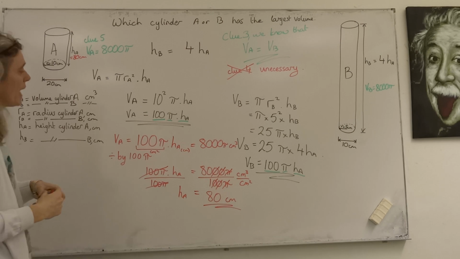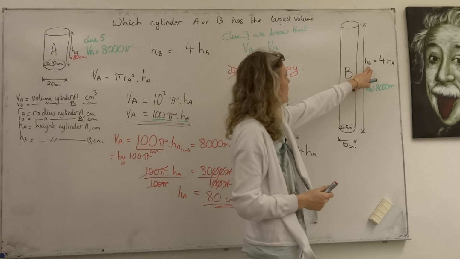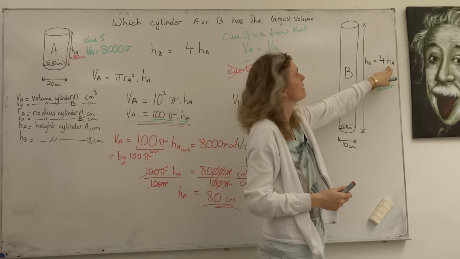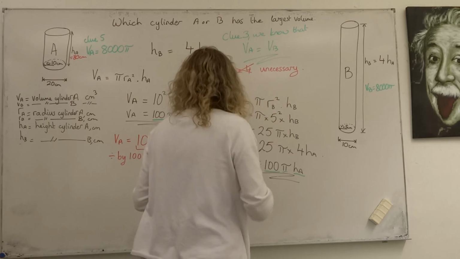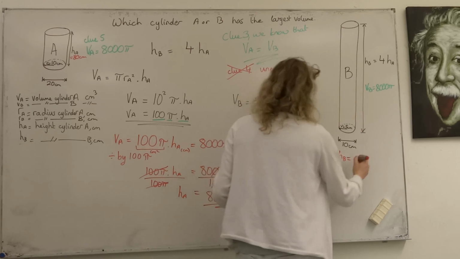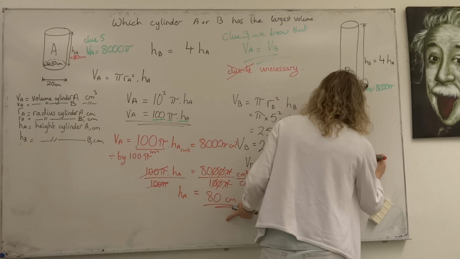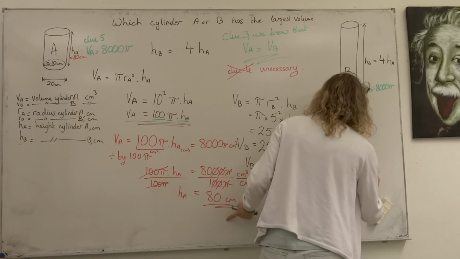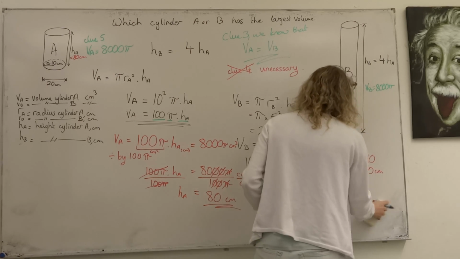Can we work out the height of cylinder B then? Well, yes, because we know that the height of cylinder B is 4 times HA. So the height of B would be 4 times 80, which would be 320 centimetres.